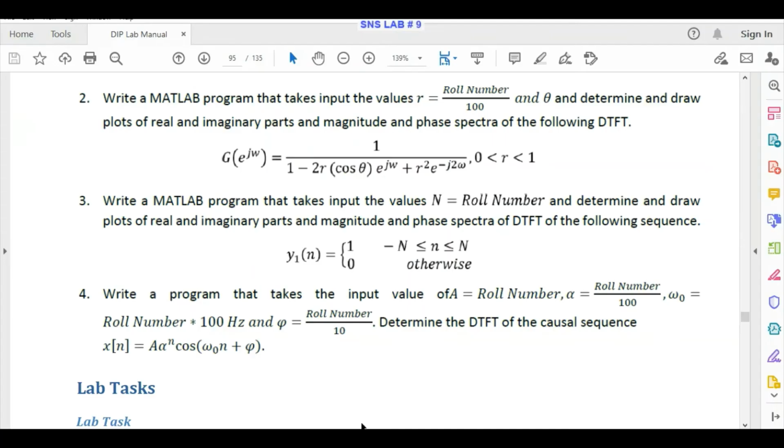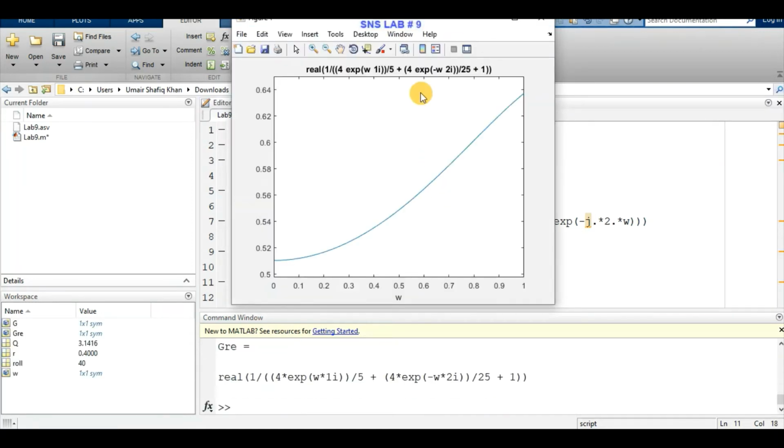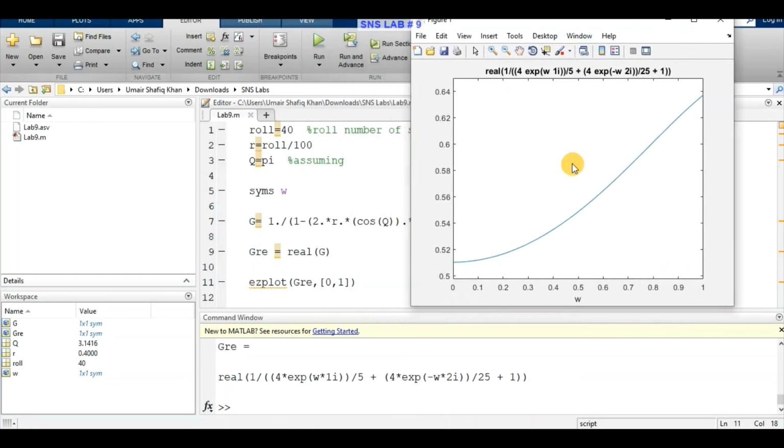If we see the question, the range of r is given from 0 to 1, so we can define this range in MATLAB. Range is from 0 to 1, and after running this program we can see the output of this signal.